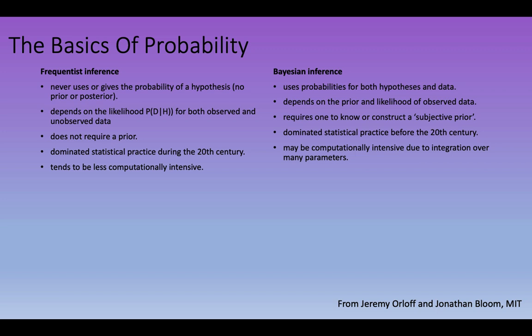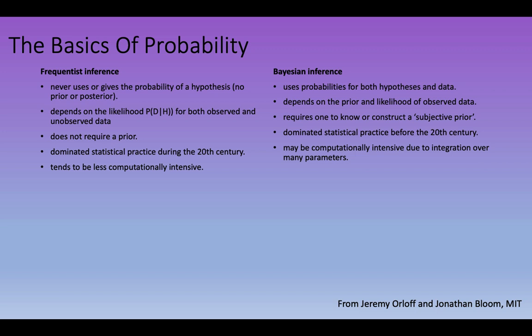What is the frequentist inference approach? It never uses or gives the probability of a hypothesis. There's no prior or posterior probability. It depends on the likelihood, the probability of the data given the hypothesis, for both observed and unobserved data.